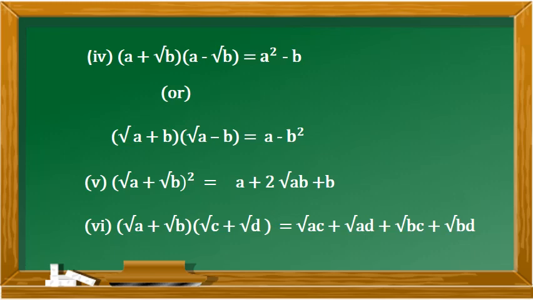So when you simplify it, you will be getting A plus 2 square root of AB plus B. The sixth one is square root of A plus square root of B into square root of C plus square root of D. It is in the form of A plus B into C plus D. So when you take the associative property and do, that is square root of A into square root of C plus D plus square root of B into square root of C plus square root of D, you get it as square root of AC plus square root of AD plus square root of BC plus square root of BD.